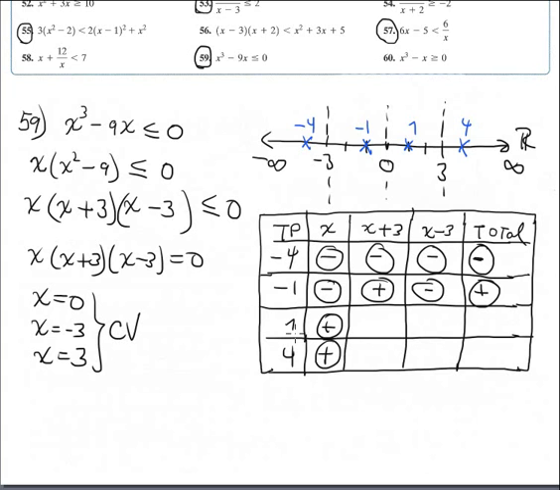And 1 is positive, and this is 1 is negative, and we have 1 negative is negative. Thus 4 is positive here, and positive here is positive.